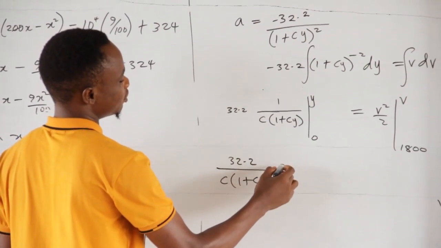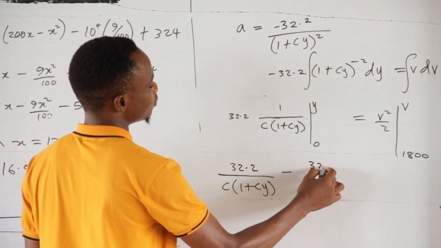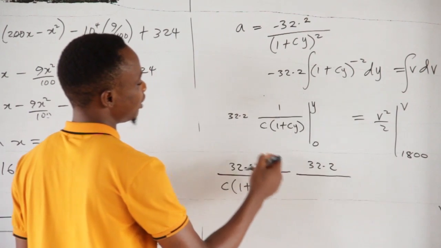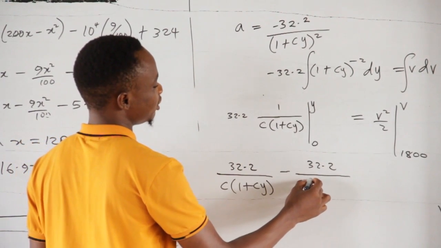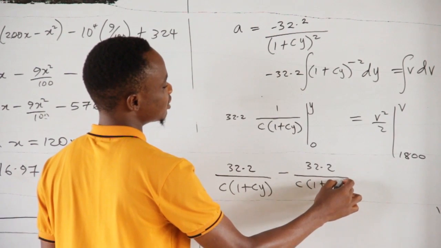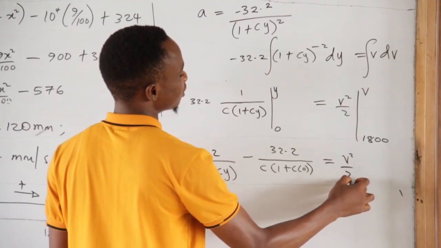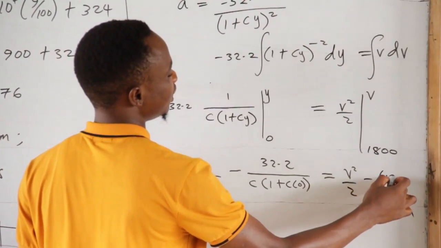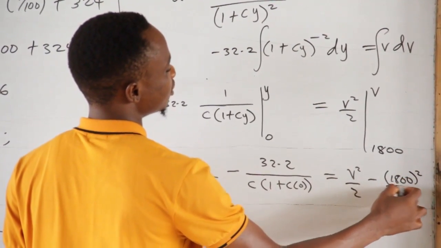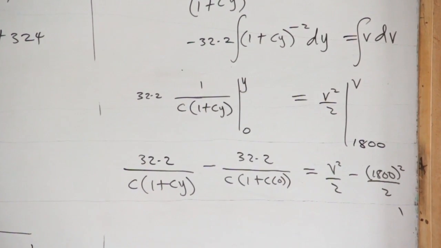Then when you put 0, this is going to be equal to minus 32.2 divided by c into 1 plus c into 0. Does that make sense? And this is going to be equal to v squared over 2 minus 1800 squared all over 2. Did you understand that?